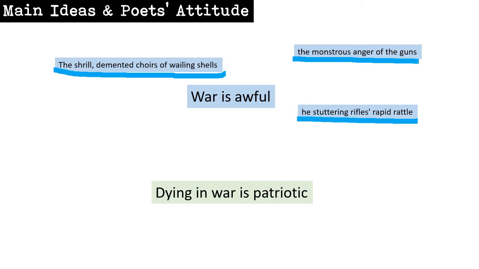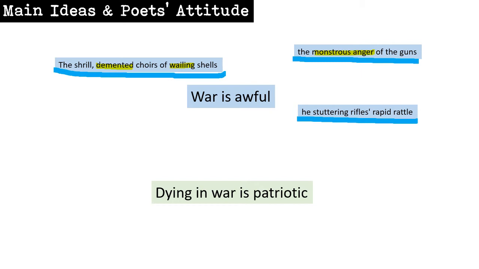You've got personification. The monstrous anger of the guns gives the guns a personality. We have, again, personification of the shells, which are the explosive bombs being fired at the soldiers. They're wailing, which suggests pain and emotional upset, and demented suggests the idea of insane, of having lost their mind.